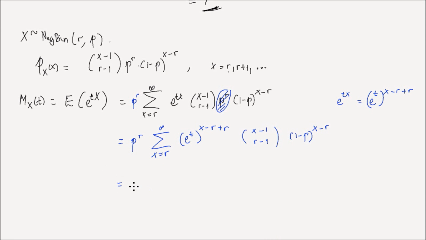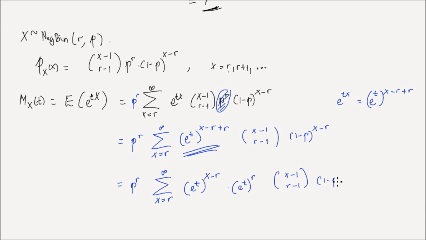This is equal to p to the power of r times the summation, x equals r to infinity, of, now I can write this as e to the t to the power of x minus r times e to the t to the power of r, multiplied by x minus 1 choose r minus 1 times 1 minus p to the power of x minus r.